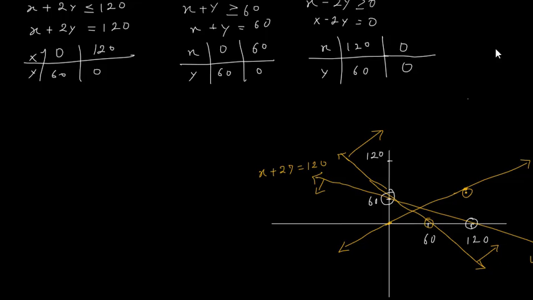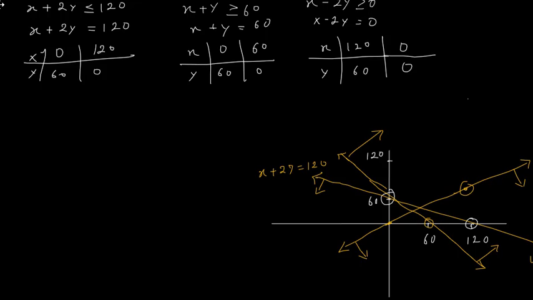Now x minus 2y is equal to 0. Now it is passing through origin. So I cannot take origin to check this. Let us take this point 60, 0. So 60 minus 0 is greater than 0. That means this area, downside area, is our feasible region.